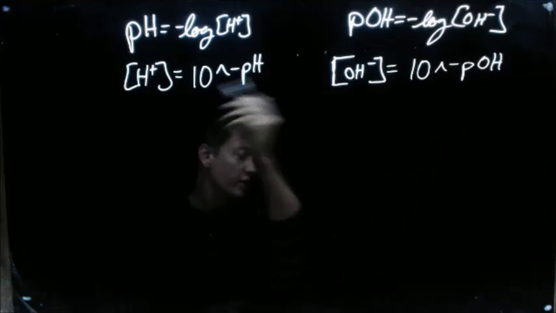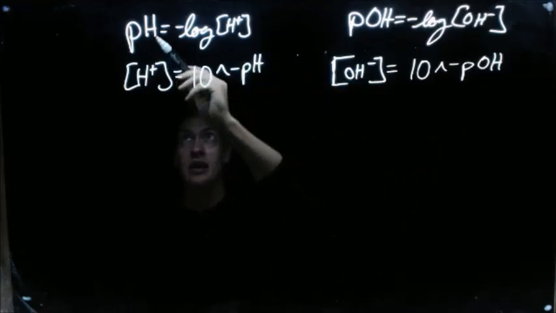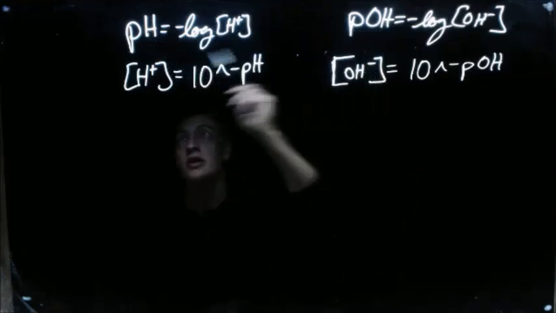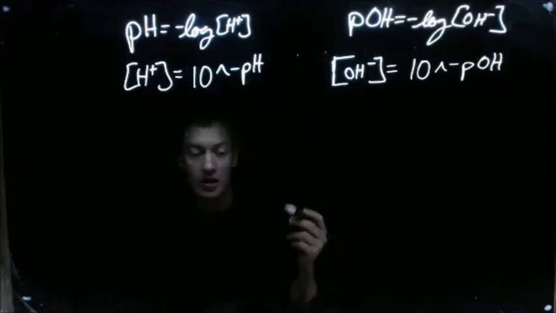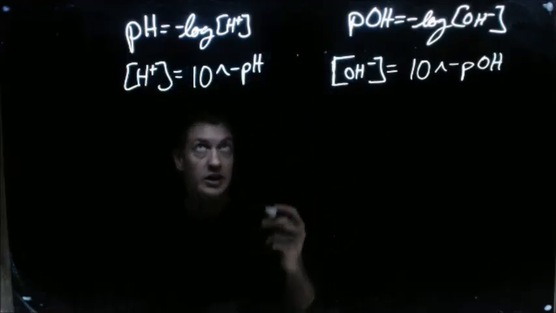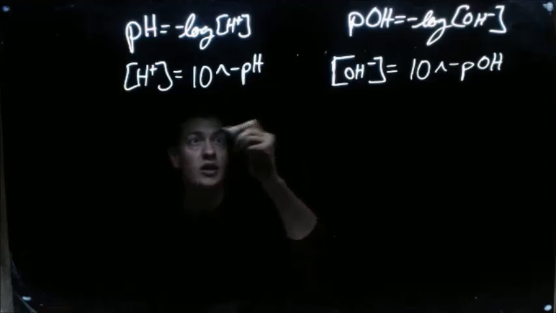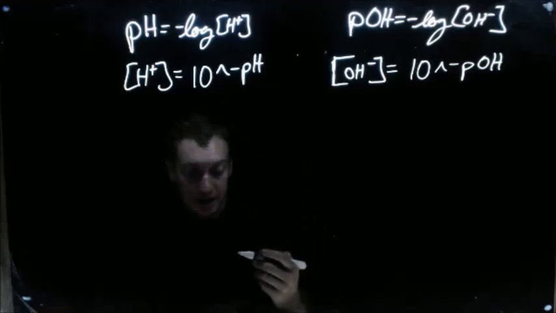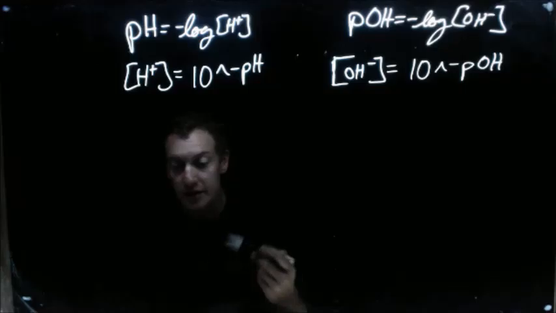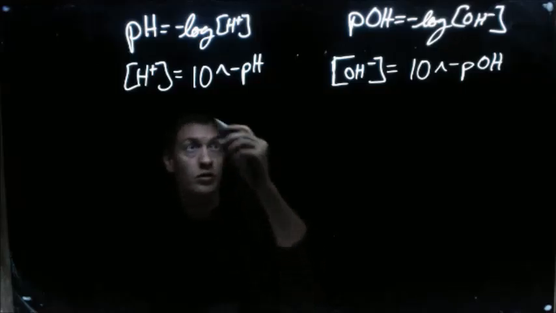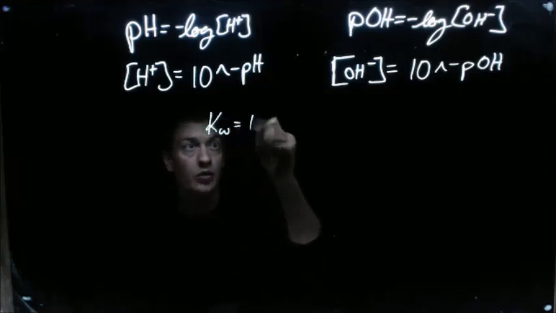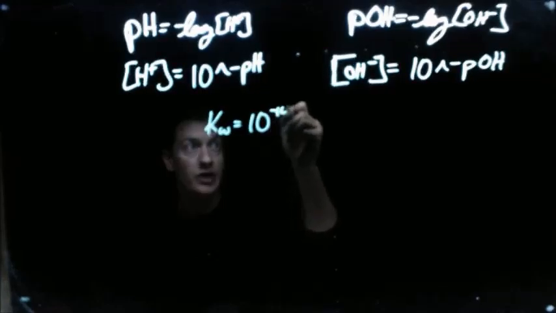But then how do we connect the two sides? How do we connect pH and pOH and H plus and OH minus? There are two avenues you can take. The ionization constant of water, which we call Kw, equals 10 to the minus 14.